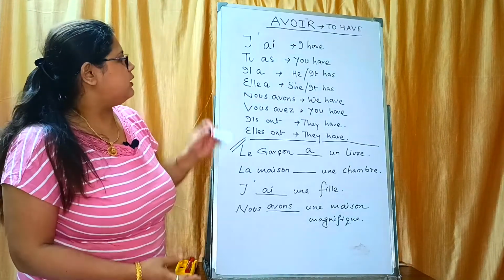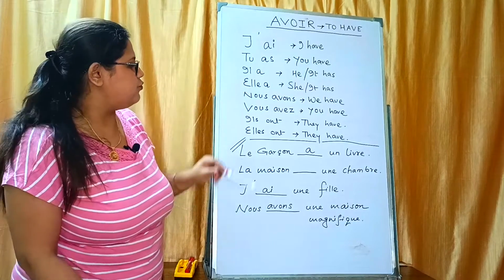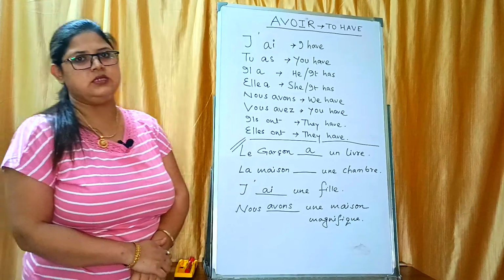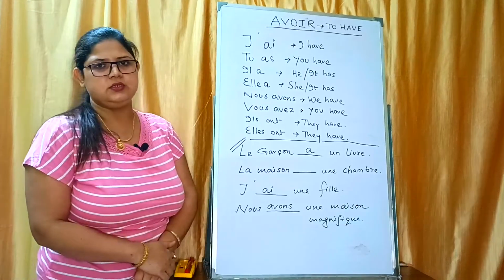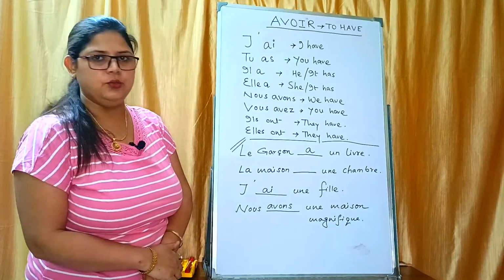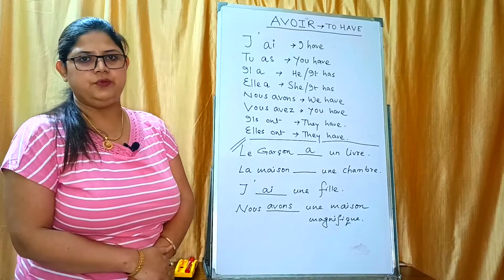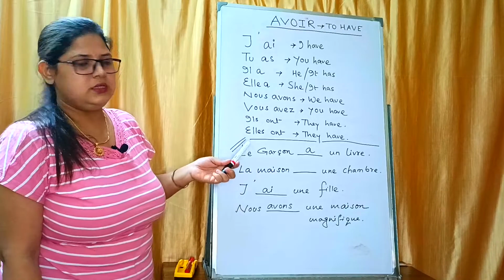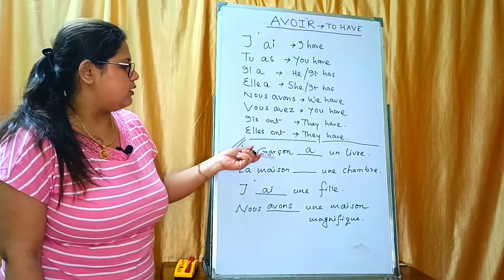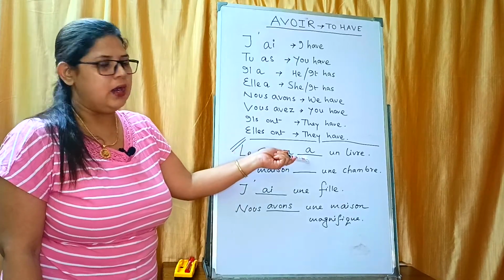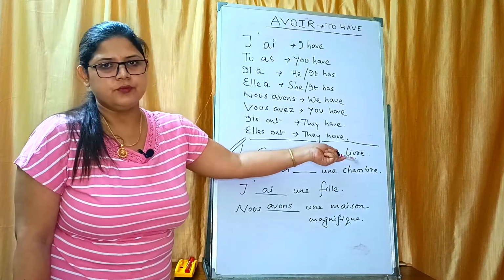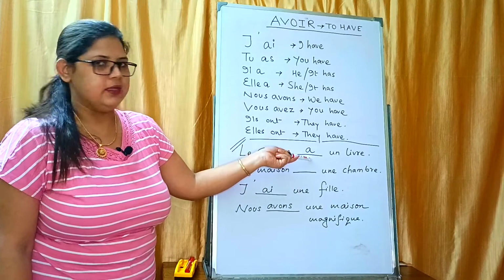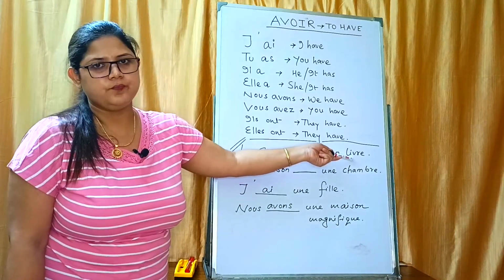Okay, so that's clear. Now we will move to the examples, how we use the avoir verb in a sentence. It's a very simple sentence. I already made it for you because it's the beginning of the French language. The first sentence is le garçon a un livre, the boy has a book.